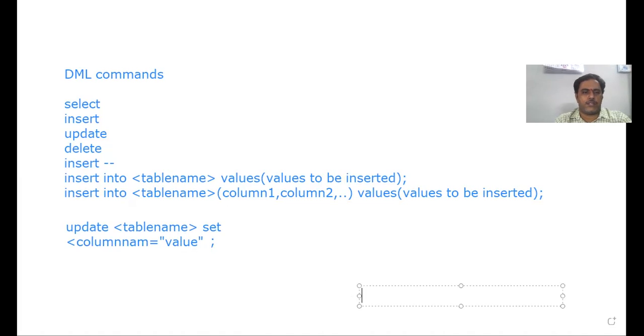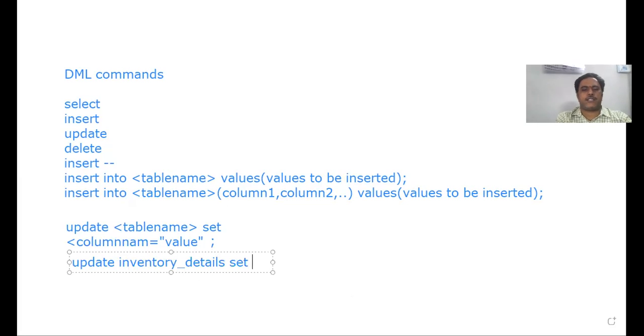So see an example here. Update. What is the table here? Inventory details. Set. What is the column name here? I want to change total price.